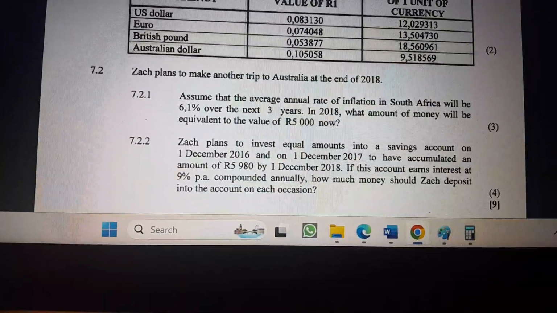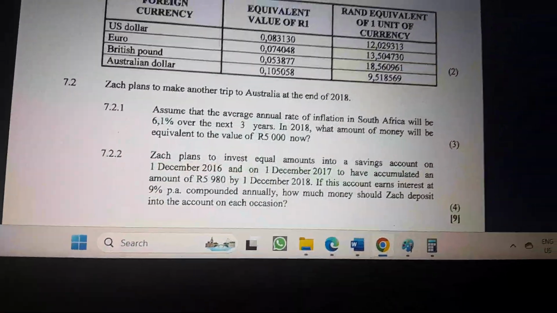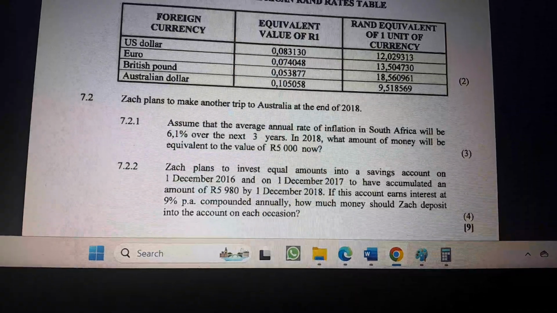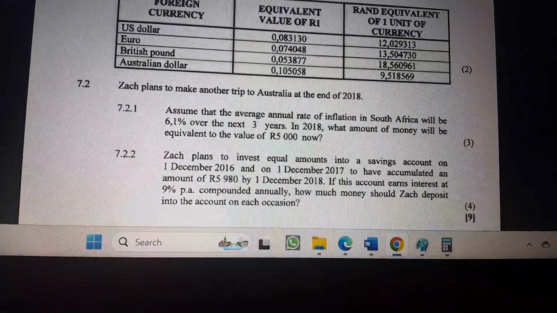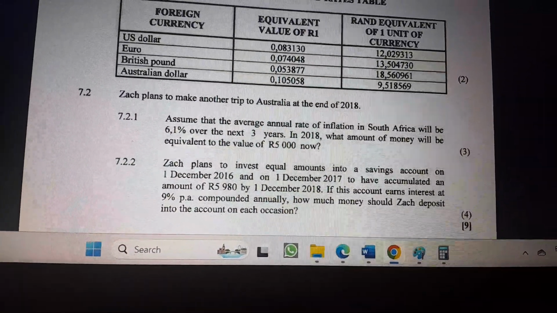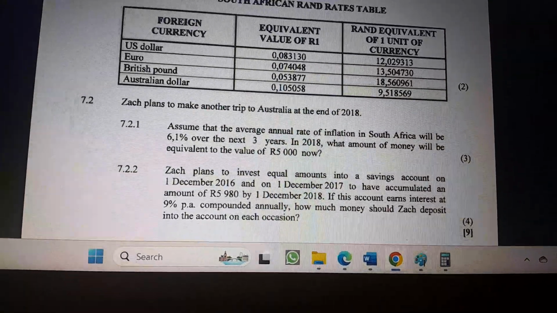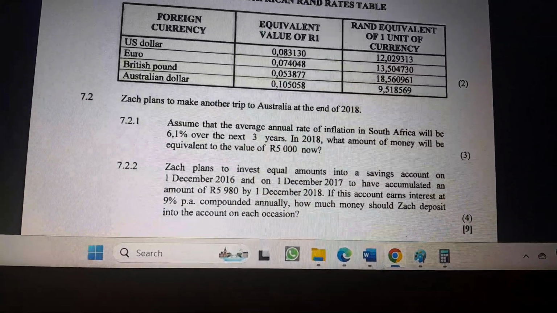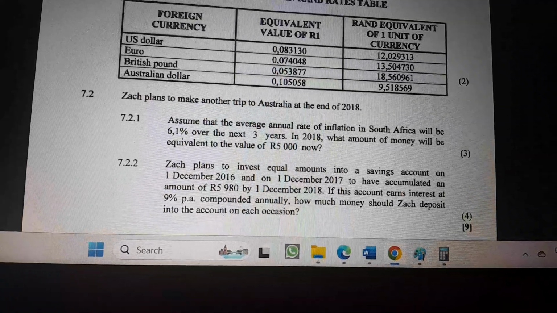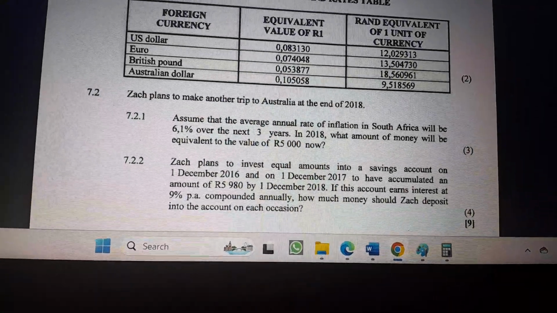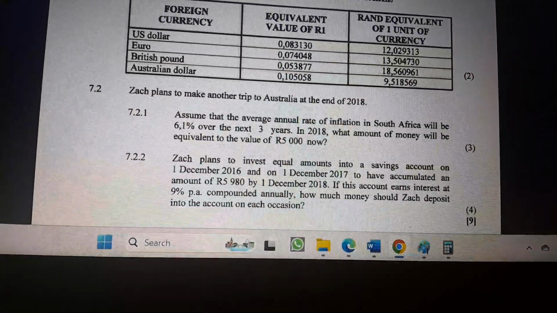Zach plans to invest equal amounts into a savings account on 1st December 2016 and on 1st December 2017 to have accumulated an amount of 5,980 by 1st December 2018.